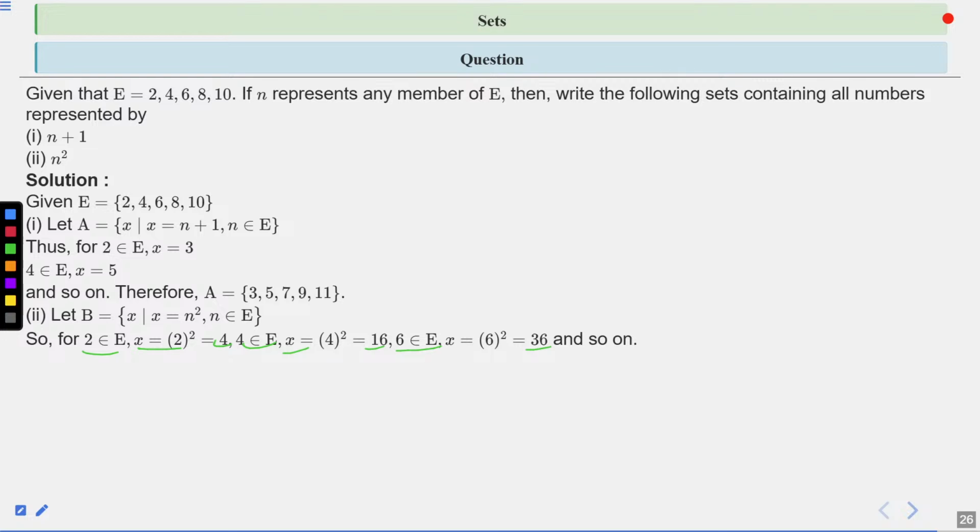For 8 it will be 64. For 10 it will be 100. So we will have 5 elements corresponding to each element of E. Clear? So 4, 16, 36, 64, 100. I hope these two parts are clear to you.